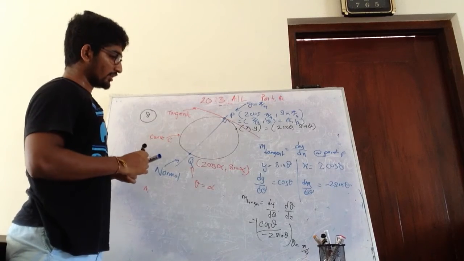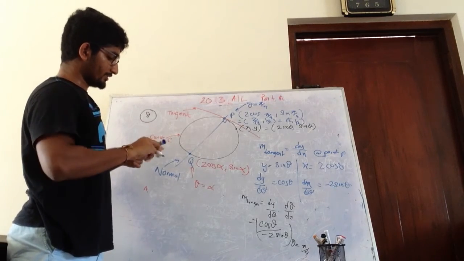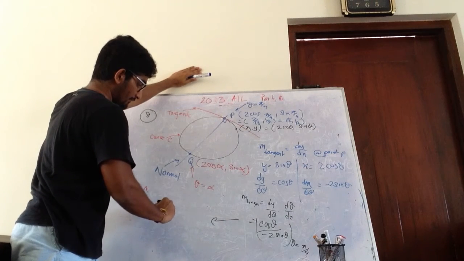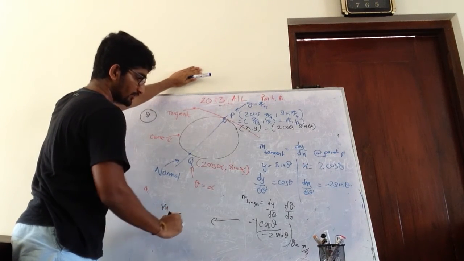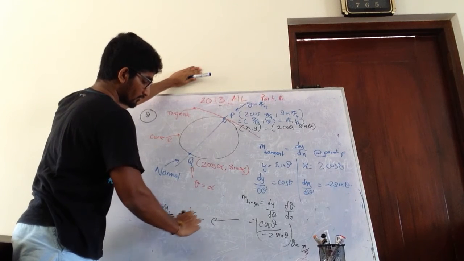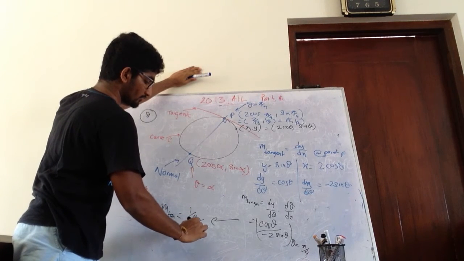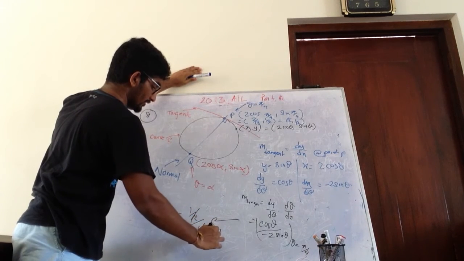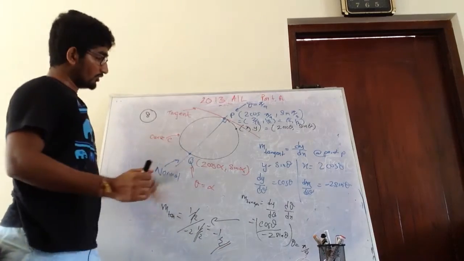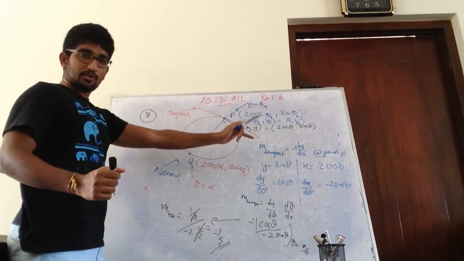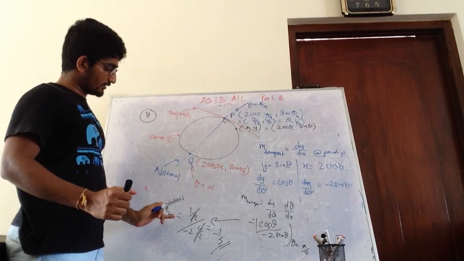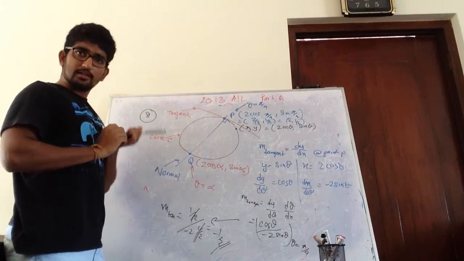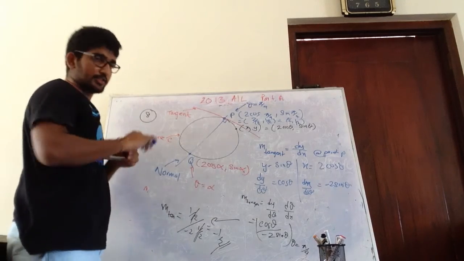So basically m tangent will be 1 over square root 2 times minus 1 over 2 times square root 2 over 1. This will get cancelled off and the gradient of the tangent line will be minus half. Is that clear? Right, so write this down.